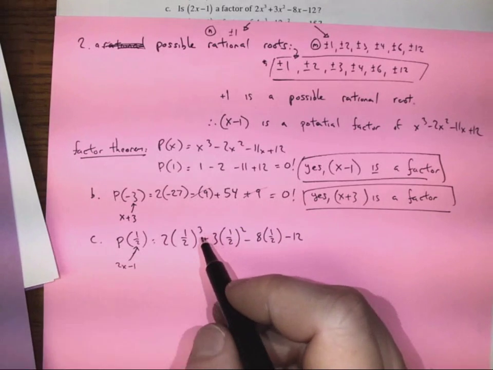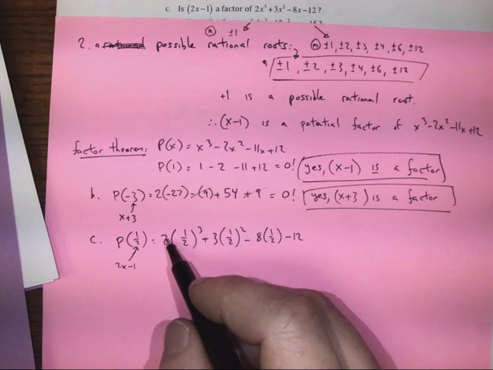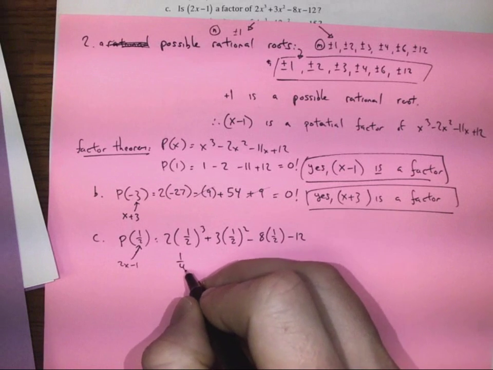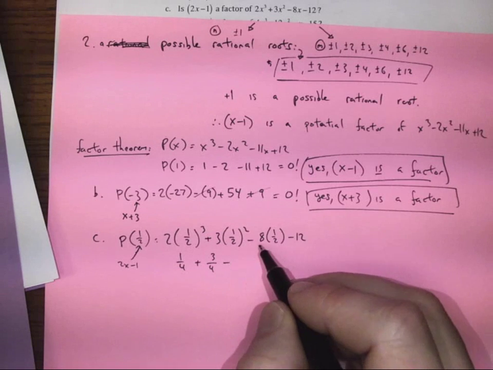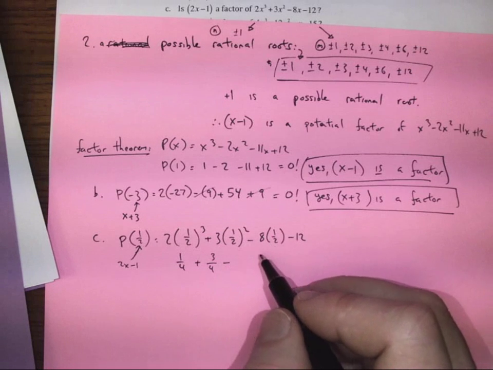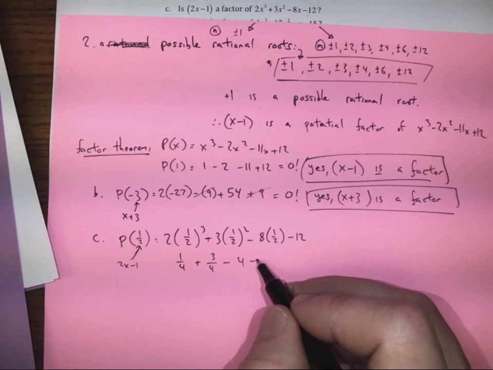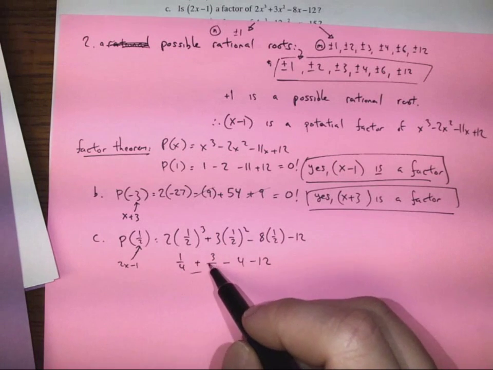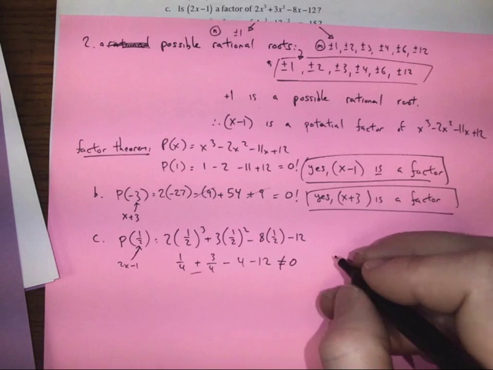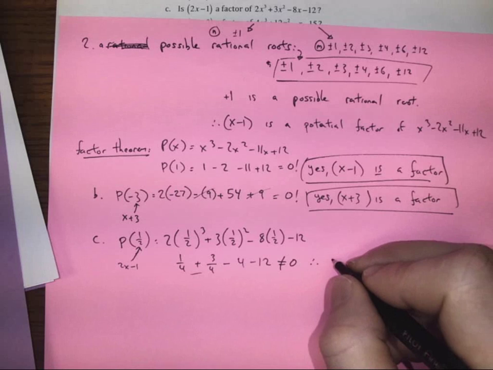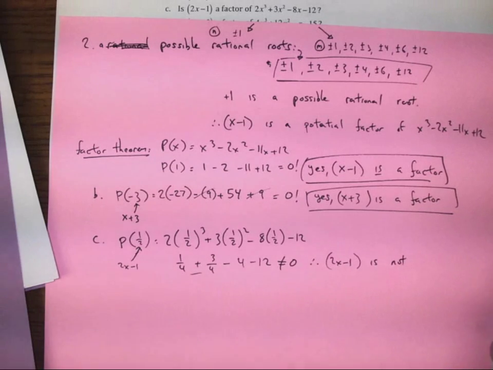A half times a half times a half is an eighth, and 2/8 is a quarter, plus 3/4, minus 4. Half of 8 is 4, minus 12. These add to 1, but we take away, and all I care about is that it's not equal to 0. Therefore, 2x minus 1 is not a factor.